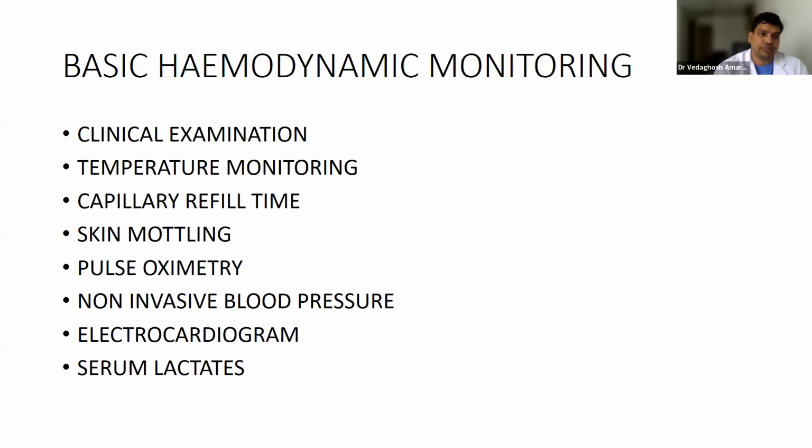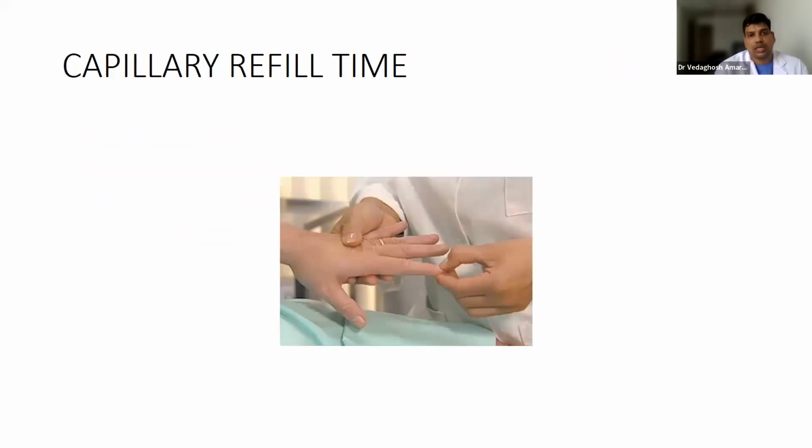You can monitor temperature. You can use capillary refill time. You can use the mottling score. You can use pulse oximetry or saturation measurement. You can use non-invasive blood pressure. You can use ECG monitoring, and you can use serum lactate. These are the basic hemodynamic monitoring tools which you can use at the bedside at a basic level in your ICU.